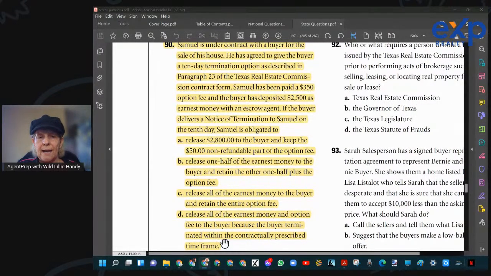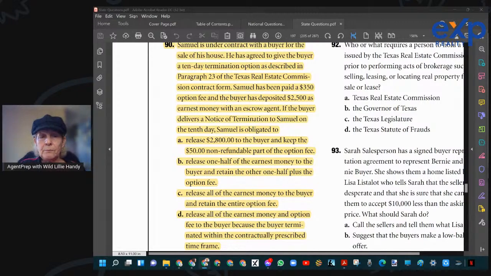So the answer is C, release all the earnest money to the buyer because the earnest money is not at risk during the option period. If they go 30 seconds, a minute after the option period, it is now at risk. And that's the realtor's fault typically for not portraying the answer to the other party. However, it also could be the client.